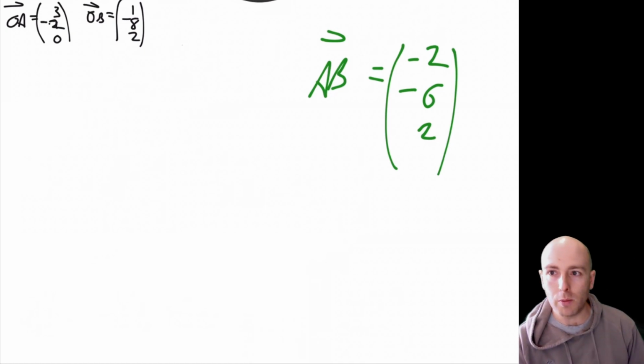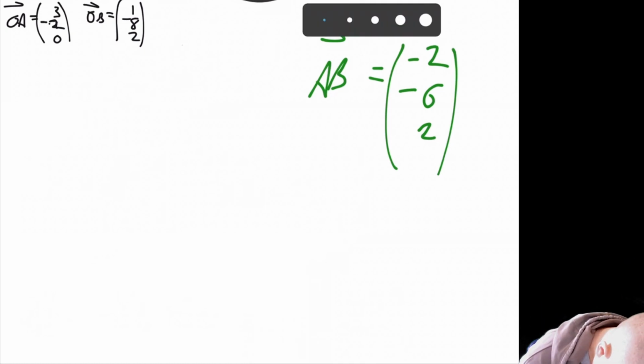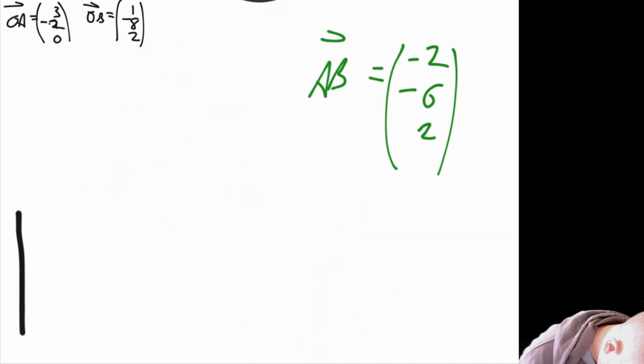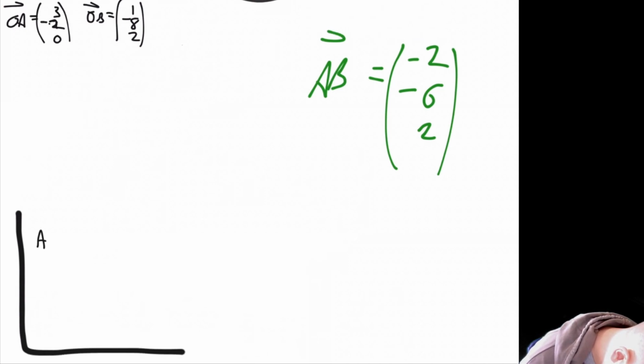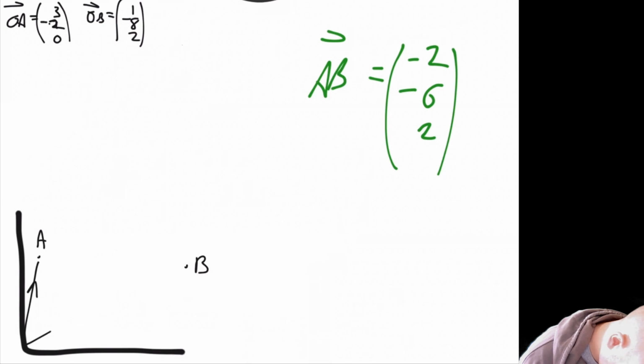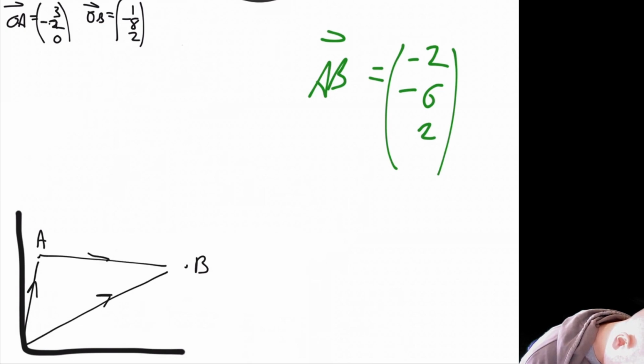So far we found AB. If I do my sketch again, we found O to A, O to B, and AB.